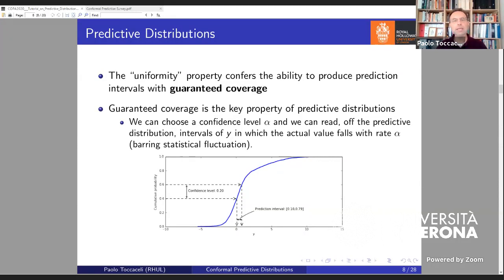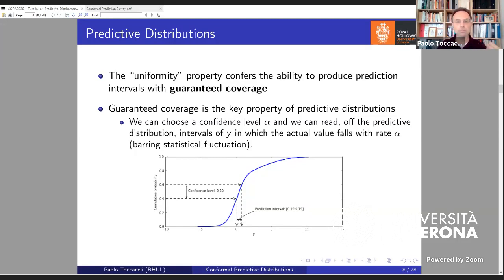So the key property of predictive distributions, as I mentioned at the very start, is that they can produce intervals with guaranteed coverage. And the guaranteed coverage is a consequence of the uniformity property. The guaranteed coverage consists in this, and I'll try to explain this first with an example.